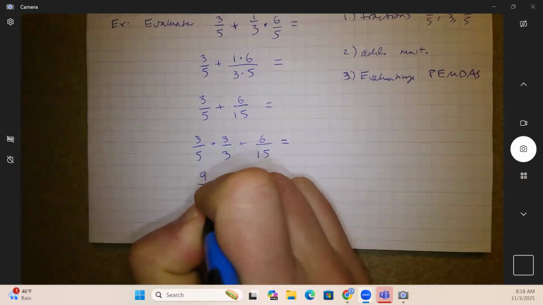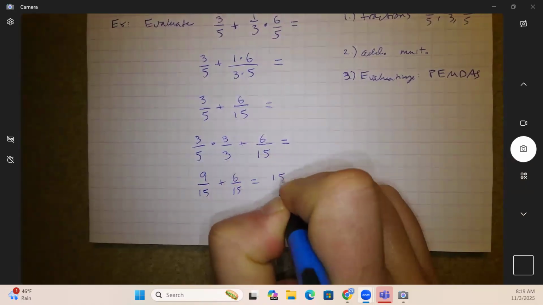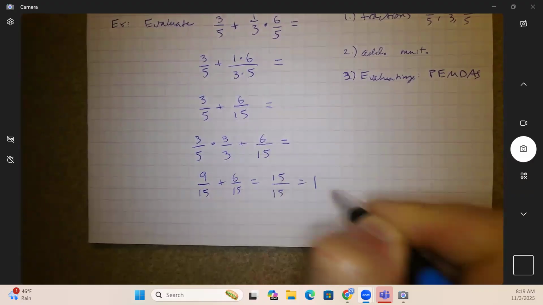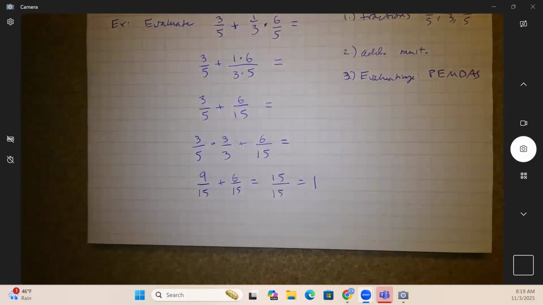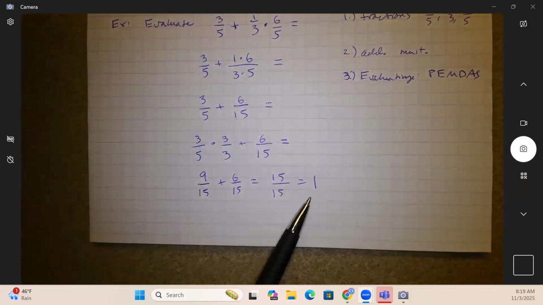And I get 9 over 15 plus 6 over 15, which equals 15 over 15, which is 1. So 3/5 plus 1/3 times 6/5 is actually equal to 1. Of course, I didn't know that when I started this.